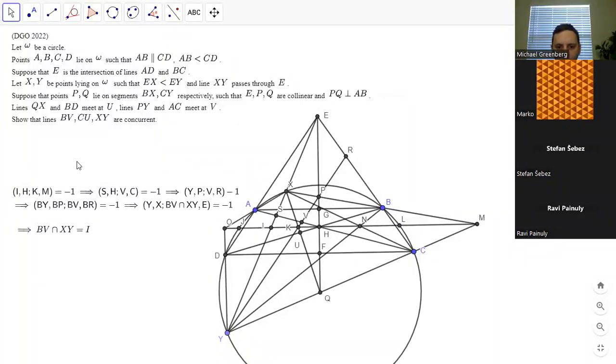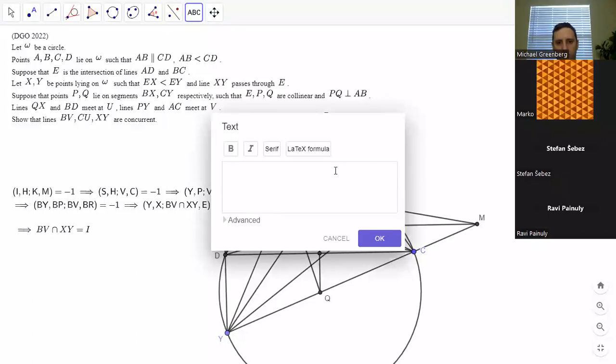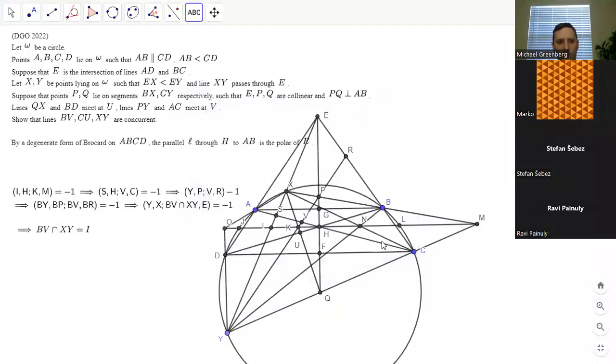Okay, so by a degenerate form of Brocard on ABCD, the parallel L through H to AB is the polar of E. Okay.